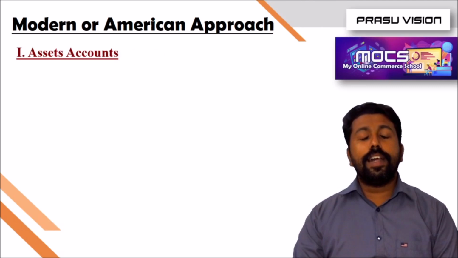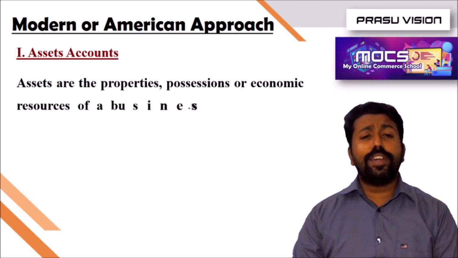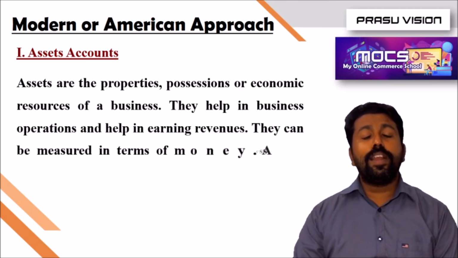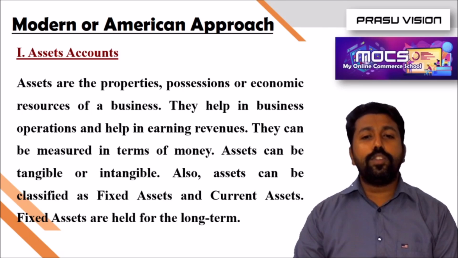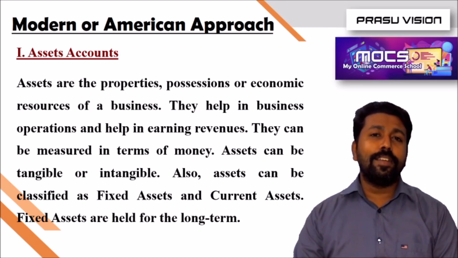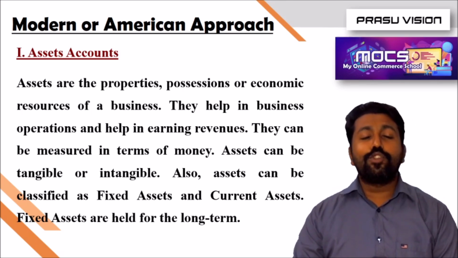The first account is the asset account. Already you have learned the different classifications of assets, and you know very well an asset is a property of the organization which can be converted into cash within a limited period. If it is converting within 1 year, current asset. If it is taking more than 1 year for converting, then it is known as long-term asset or fixed asset, non-current asset.